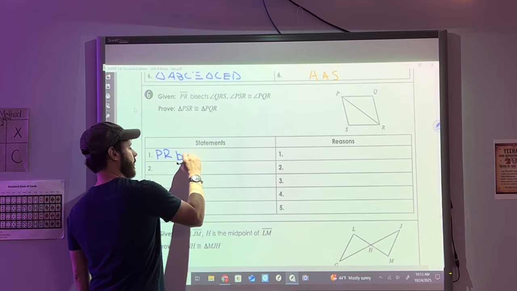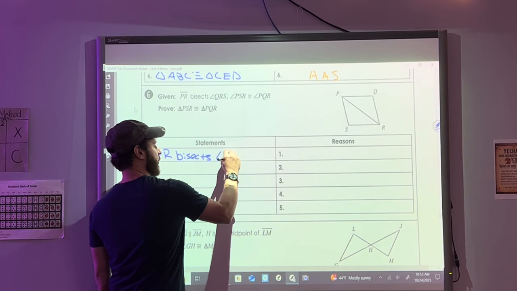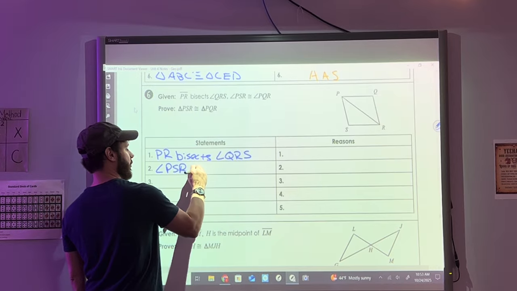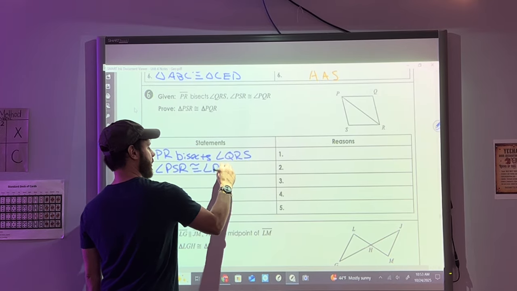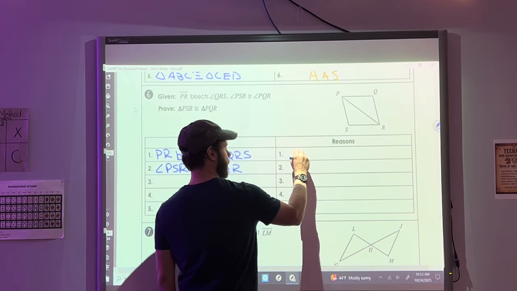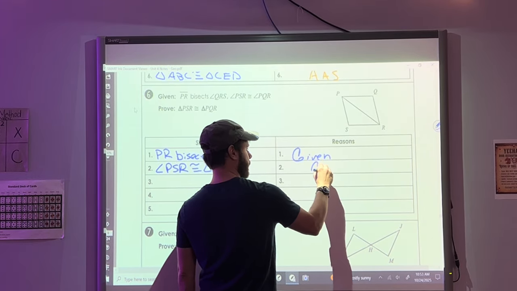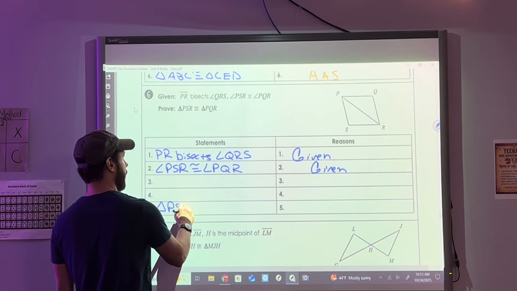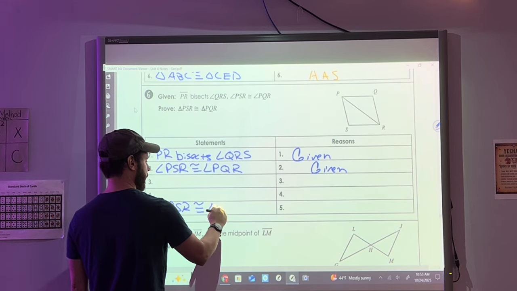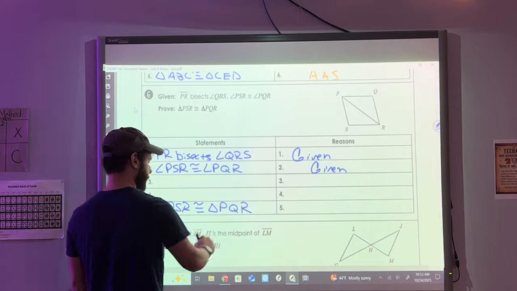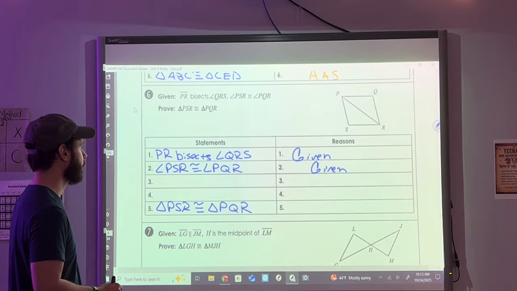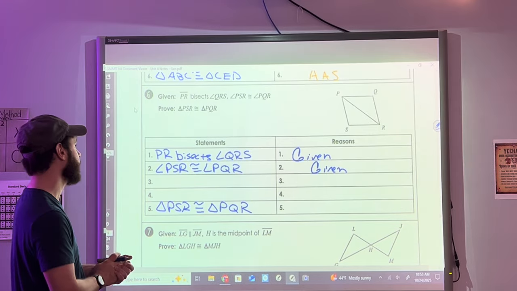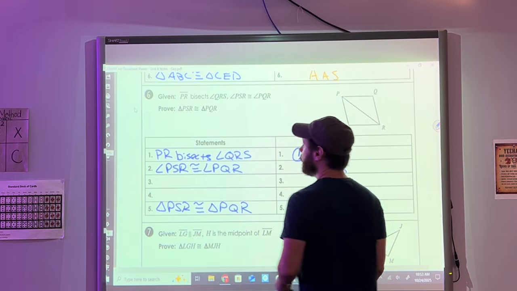PR bisects angle QRS. Angle PSR is congruent to angle PQR. These are given. Triangle PSR is congruent to triangle PQR. All right, I see the word bisect, and I see a line that they share that's going to be important. But let's start labeling.